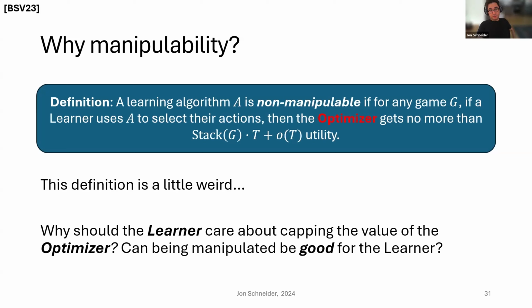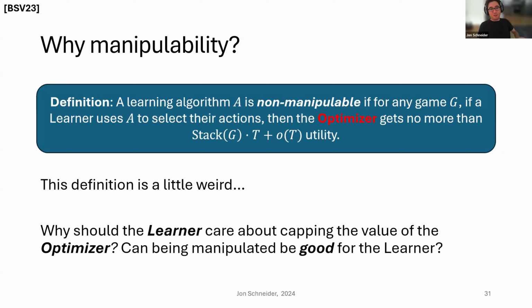To the second chunk of things I want to say about normal form games, which is, why should we care about this notion of non-manipulability? If you looked at the definition earlier, you might have noticed there's something a little weird about it.